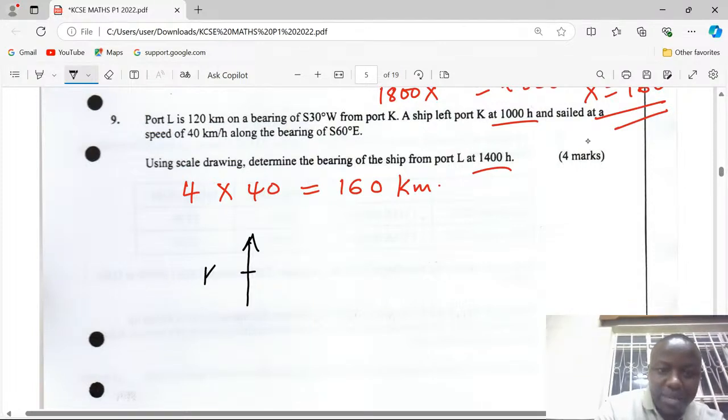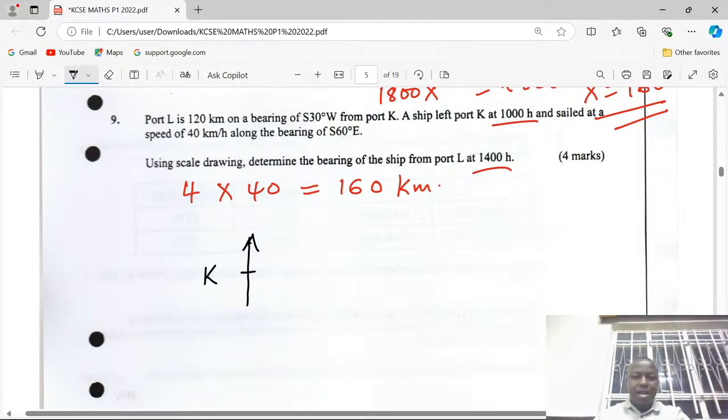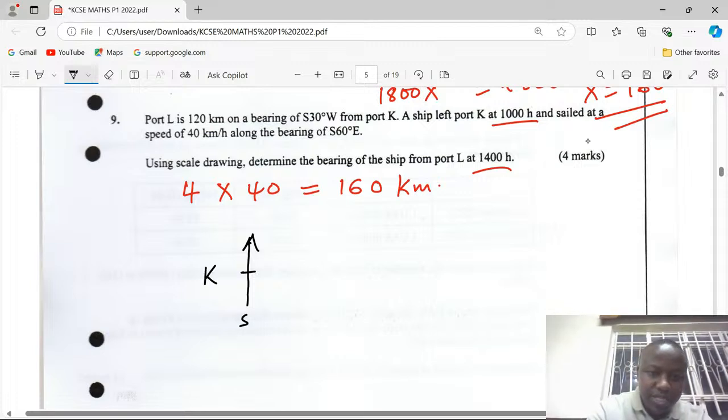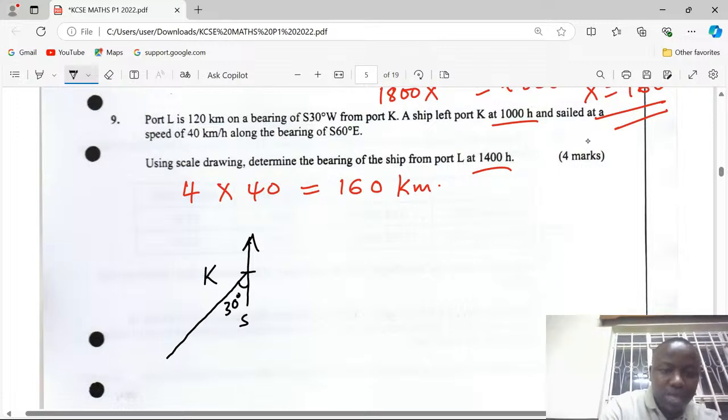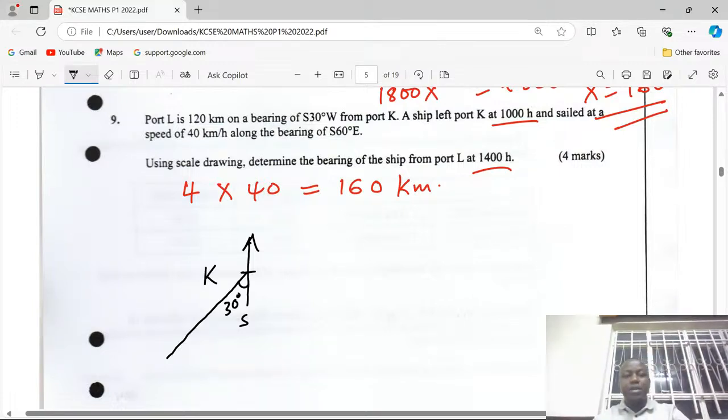Assuming that we are at K. Now we are having Port L from south. South is here, 30 degrees towards the west. So towards the west will be through a distance this way, 30 towards the west. That is how we measure it.